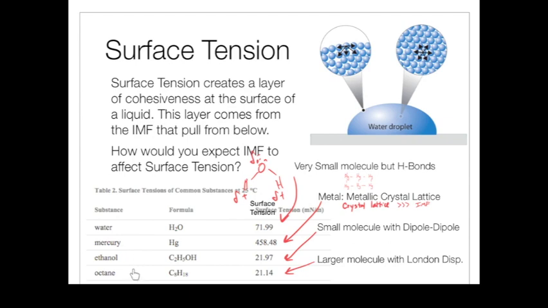We talked about in the last video how increasing mass results in increasing intermolecular forces, but it's non-polar, so it only exhibits dispersion forces, whereas ethanol is smaller and has stronger intermolecular forces due to its hydrogen bonding, which is why these two molecules, although vastly different in mass, have the same surface tension. This is a smaller molecule with less mass but stronger hydrogen bonding, whereas this is a larger molecule with larger mass but only dispersion forces.